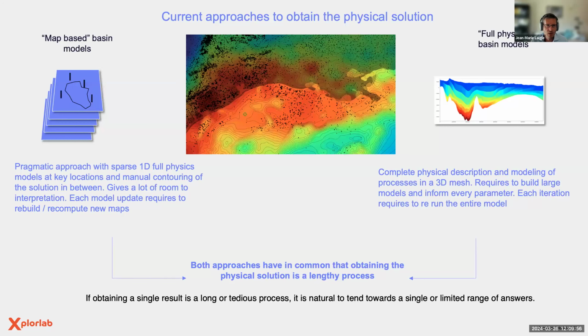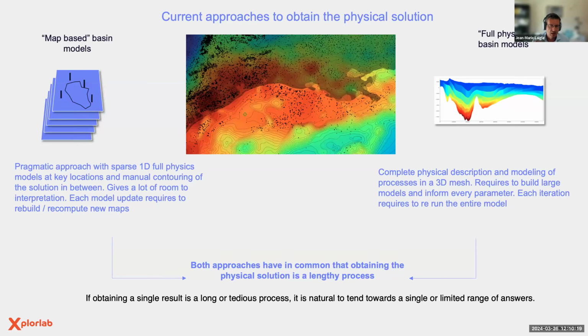There is an approach which consists of solving the physics at sparse locations, so building 1D models at key locations, calibrating them to the data, and then building a full model by contouring the solution obtained at these specific locations.